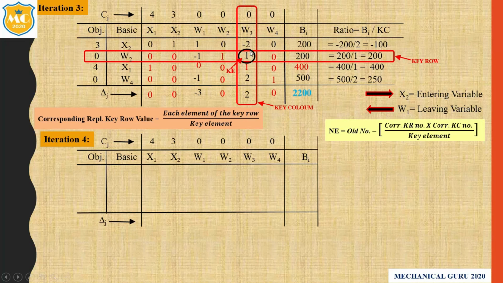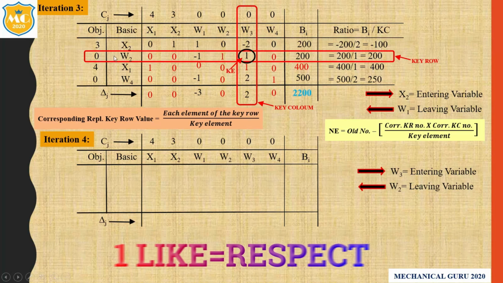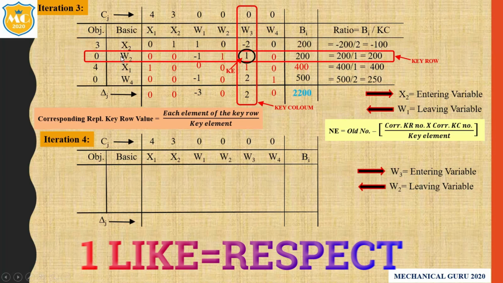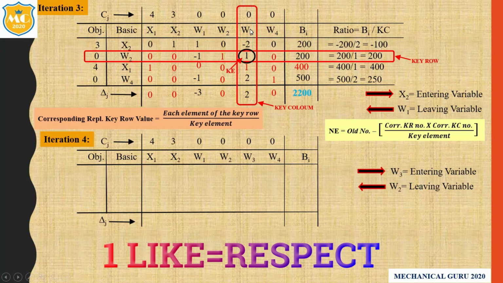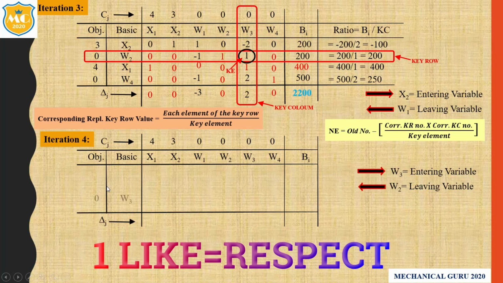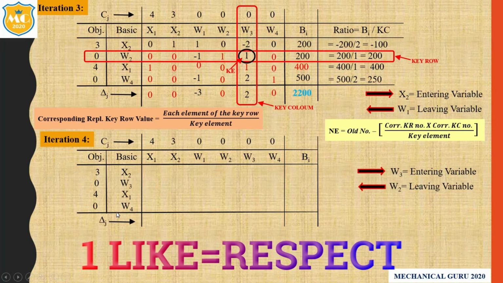So here W3 is the entering variable and W2 is the leaving variable. So here we have to replace these two values, 0 and W2, and write down 0 and W3. The remaining variables are as it is, that is x2 with objective cost 3, similarly x1 4 and W4 0.